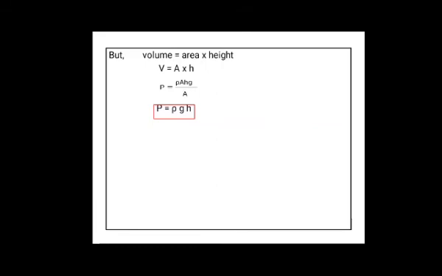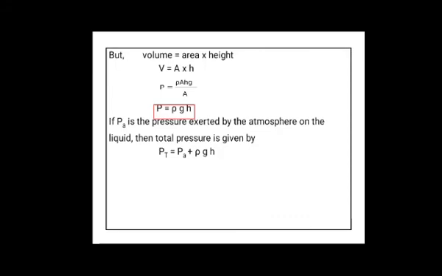P is equal to rho G H. If we consider the atmosphere, meaning the pressure exerted by the atmosphere, then we can write the expression for total pressure, let us represent it as PT, is equal to PA. What is this PA now? It is the pressure exerted by the atmosphere, plus rho GH.